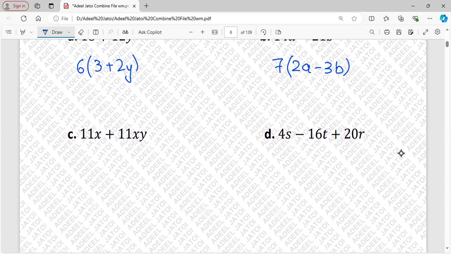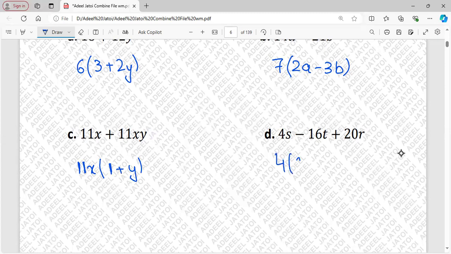11x plus 11xy. If you see, the common number and variable is 11x. So if the entire term is taken as common, what we'll have is 1, right? So we'll have 1 plus y, because 11x is taken as common. 4x minus 16t plus 20r. Common? 4.